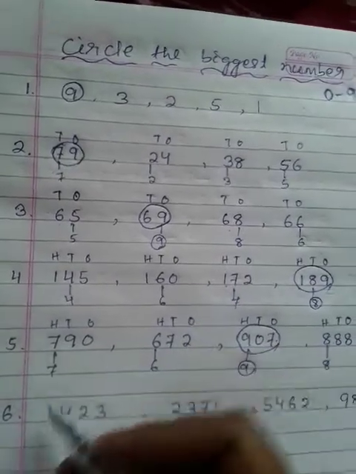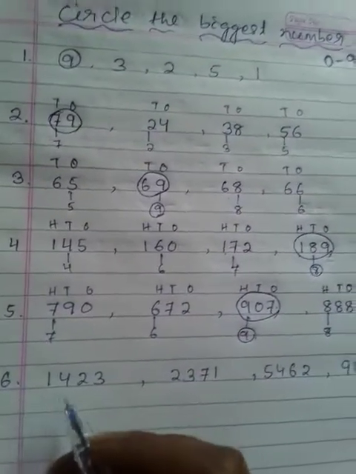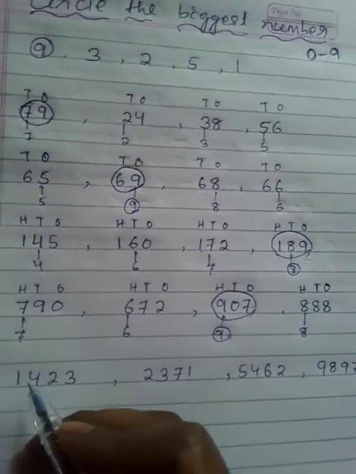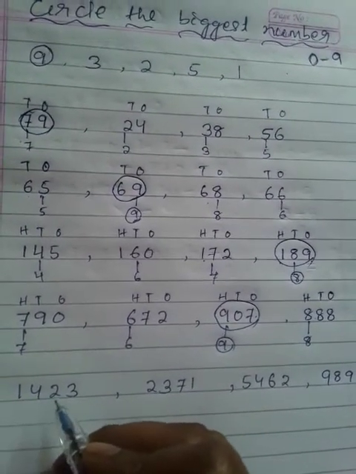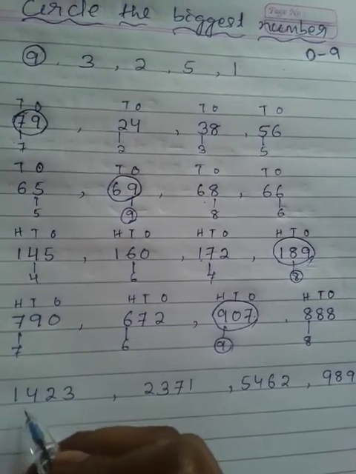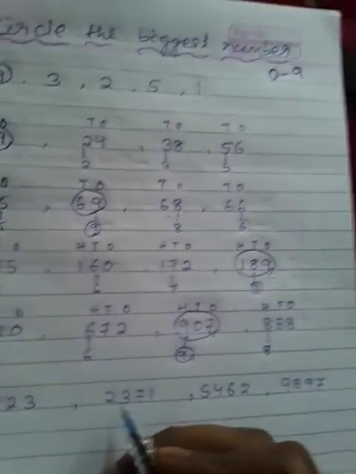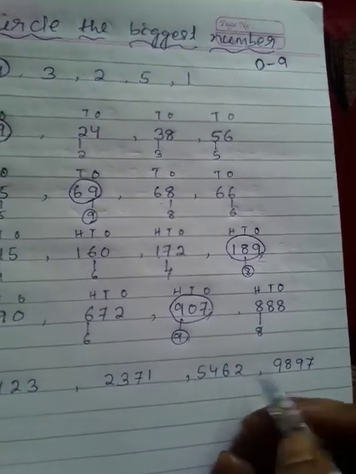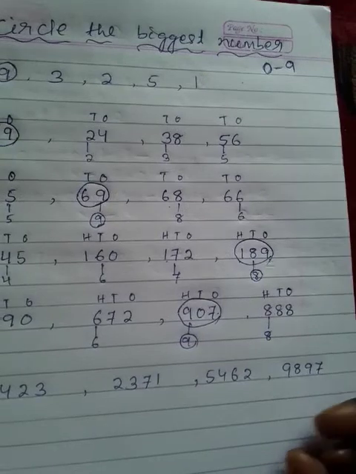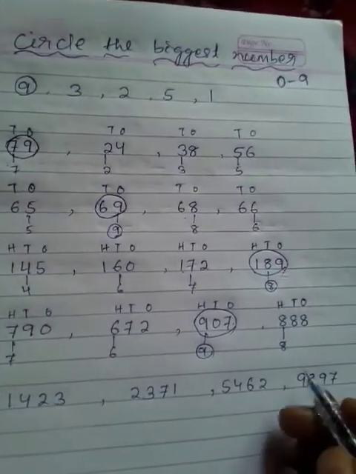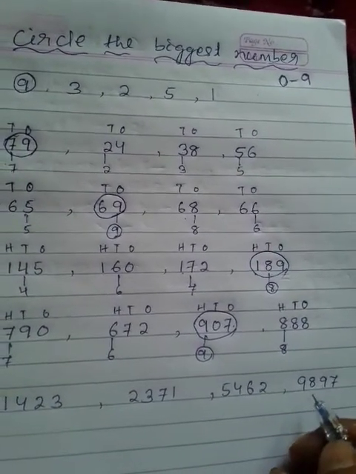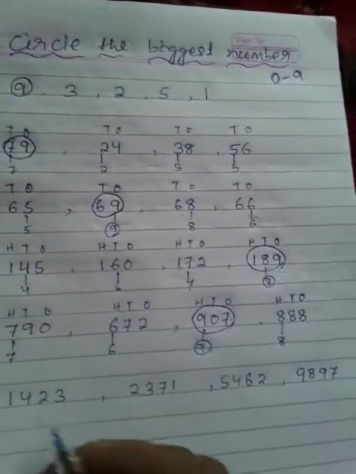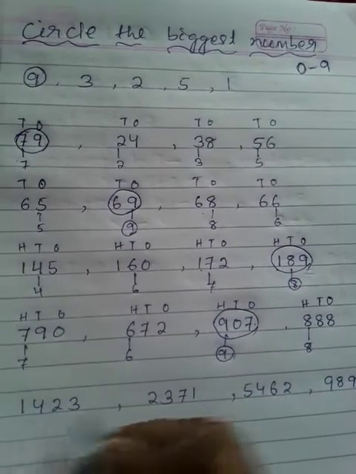Okay, let us come to question number 6. Here four digit numbers are given. Children, see here four digit numbers are given: 1423, 2371, 5462 and 9897. So we have to circle the biggest number. Since these are four digit numbers, we have to compare the thousand place.